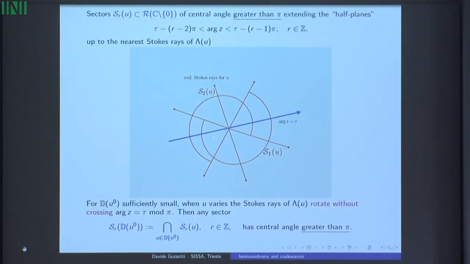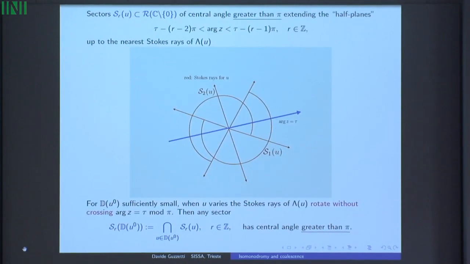I take, for example, this half plane below, take the Stokes rays which come before and after the blue line, and then consider the sector which extends the half plane up to the nearest Stokes rays. So this is a sector, then you can do it for another sector, and then you can continue on the universal cover. So we can find an infinite series of sectors, which I call S_R, where R is an integer.